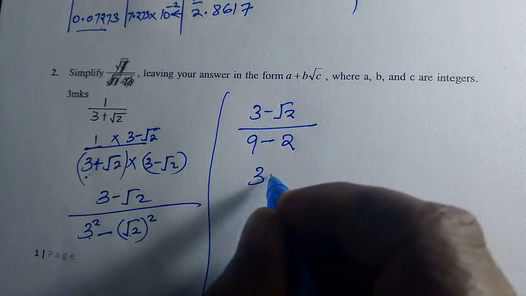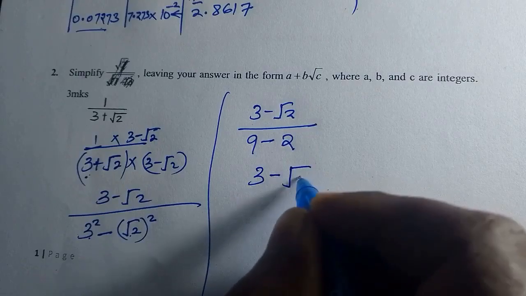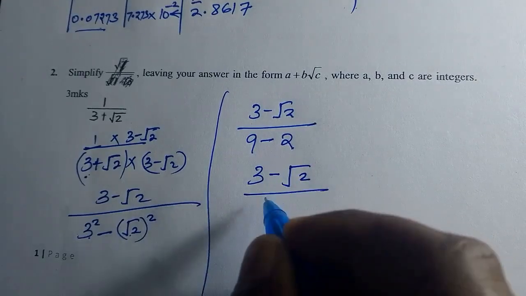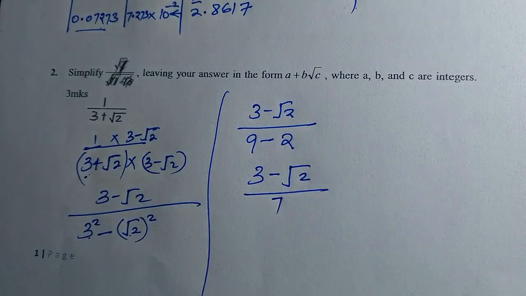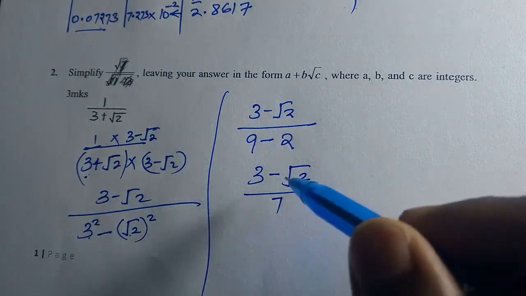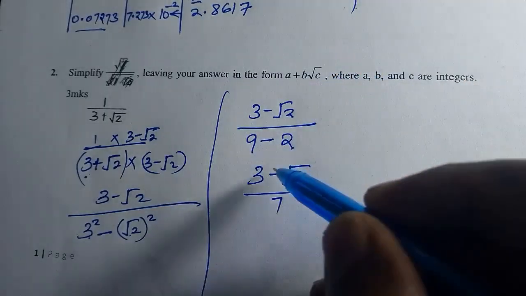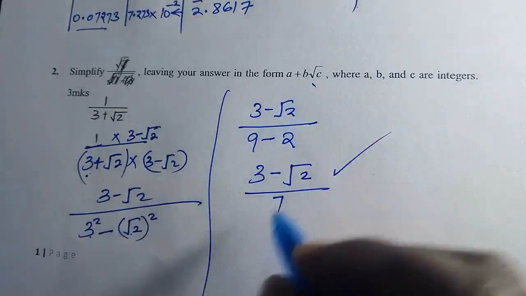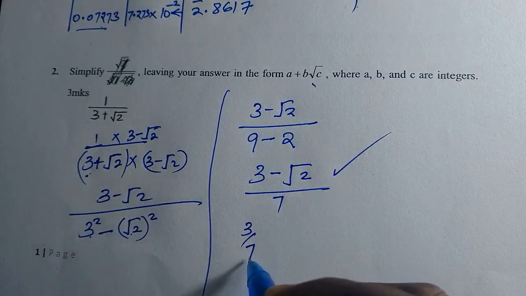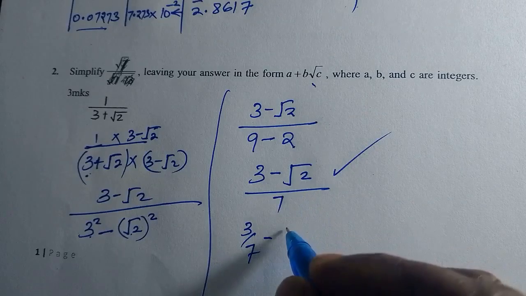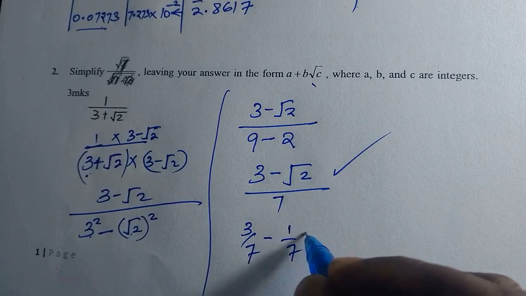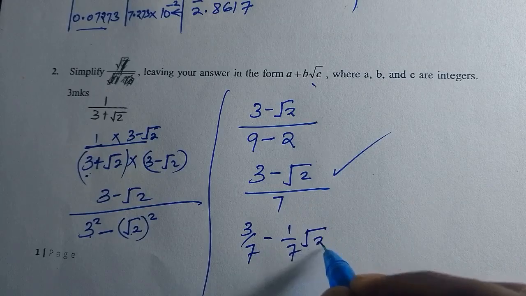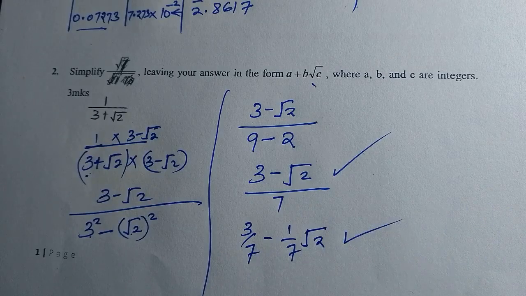So this is 3 minus root 2 over 7, right? So this answer is okay because that is it. But if you want to write it in this form, we will have 3 over 7 minus 1 over 7 root 2. Even this way is still okay. These and these are fine.